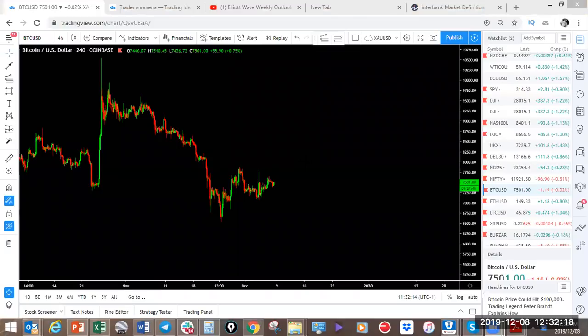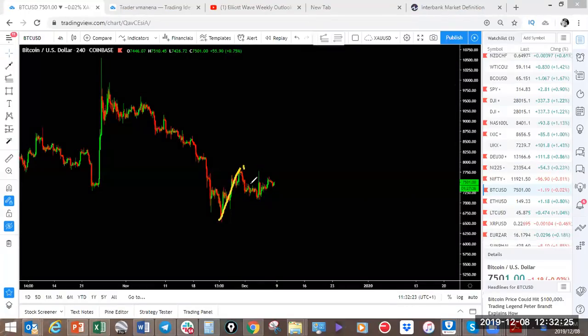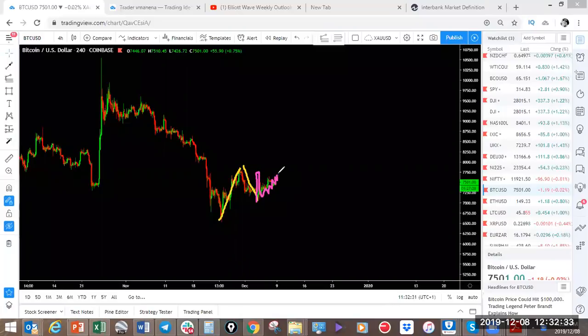What you see here, let's go to the yellow color again, is a 3 move to the upside. It's a move to the downside. So I see here that there's a lower degree move here and another move here that is doing this. So what I'm expecting is that we're going to have a move down here.